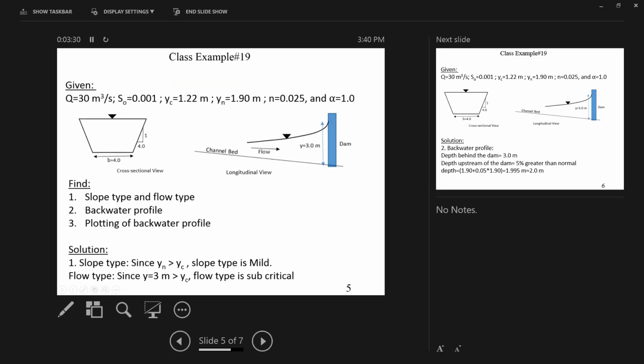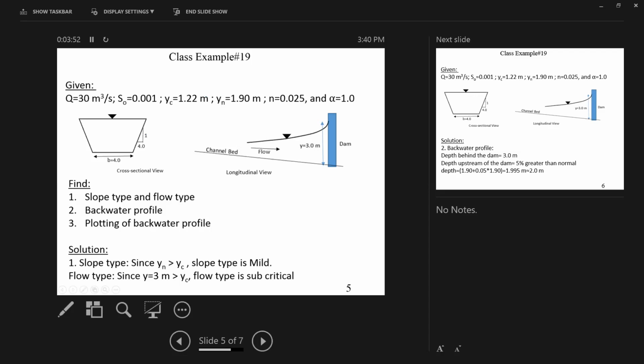At first, obviously, we'll write down what are the given values and what we have to find. For question number 1, slope type and flow type. From the given values, we can see normal depth is greater than the critical depth, so slope type is mild. That was the definition of mild slope.